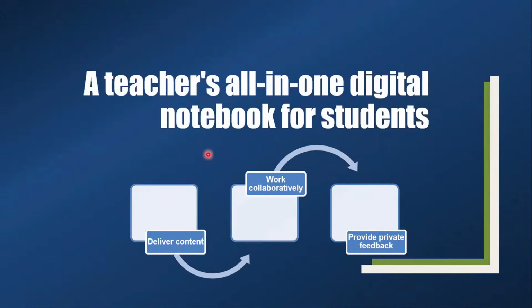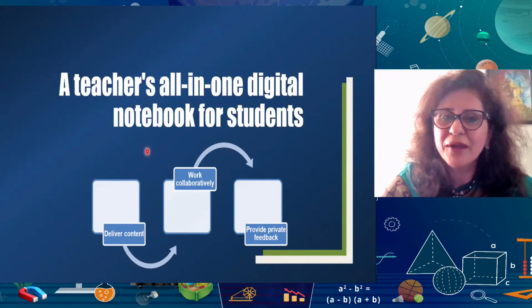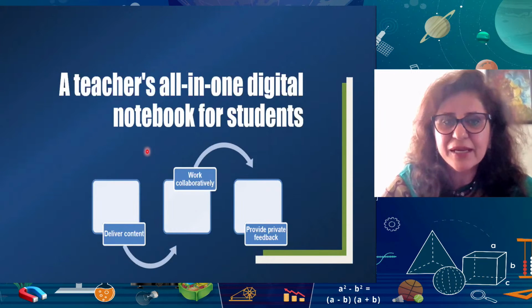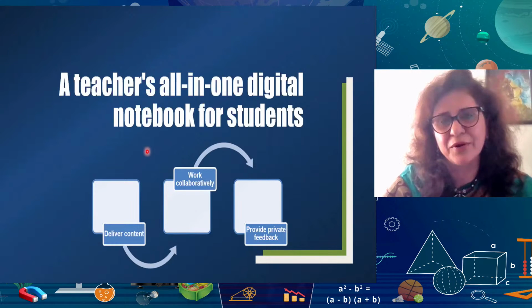So therefore, to have good competence as per the needs and requirements of the 21st century, where we expect our children to be critical thinkers, collaborators and creative, the best solution to save the environment is going for a digital notebook. It not only helps in delivering the content, it allows us to work in collaboration.